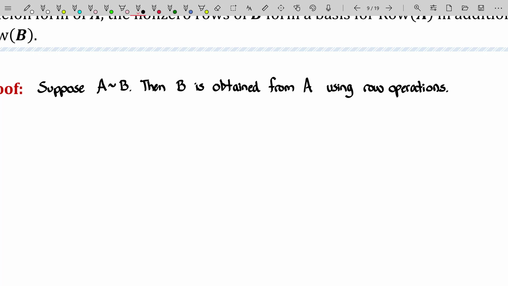Another way of saying that is, if you multiplied A by enough of the correct elementary matrices, you would arrive at B. But let's pretend as though you started with A and performed some elementary row operations to arrive at this brand new looking matrix B. All you've basically done is performed a bunch of linear combinations of rows of A. You've added row 1 to row 2, or maybe multiplied row 2 by a number like 5.